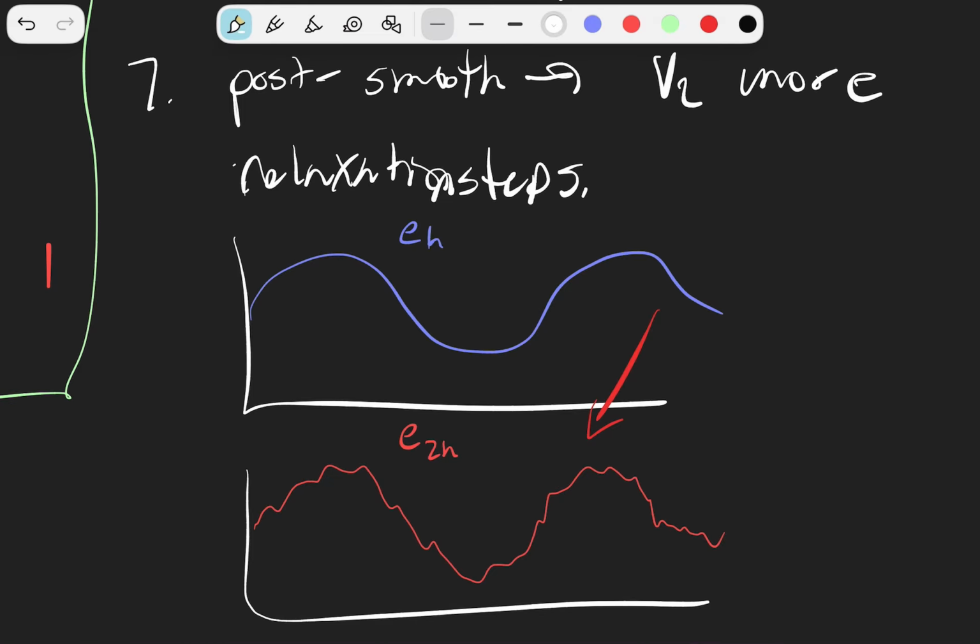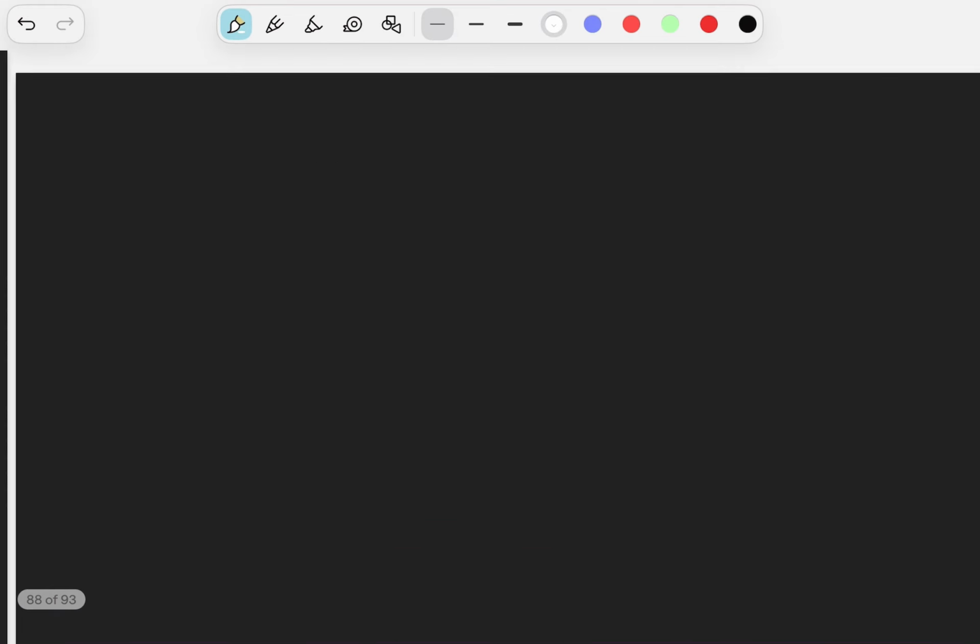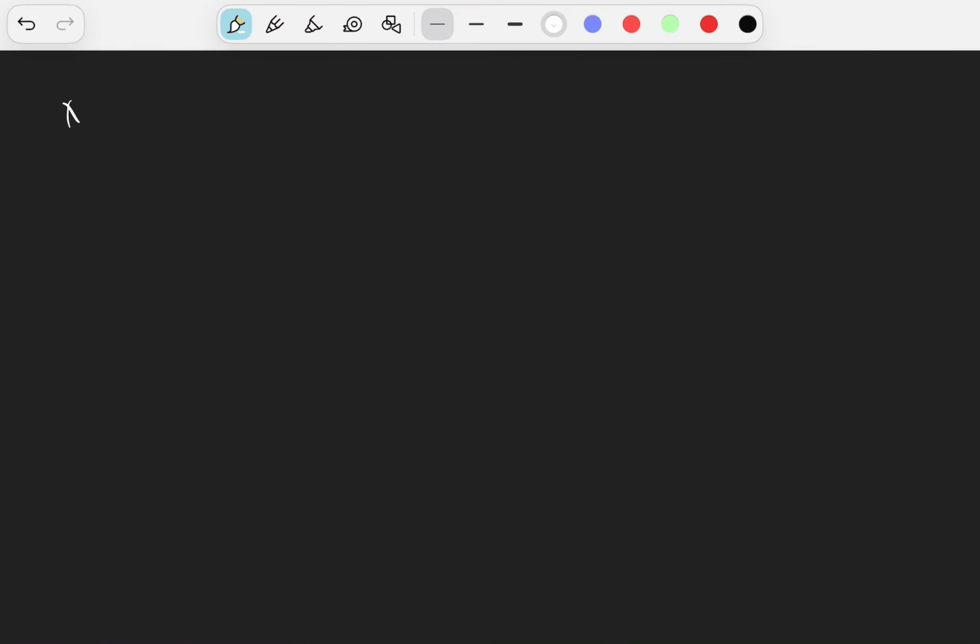So it's damping those high modes by a factor, so we'll say rho sub s is less than 1, and it's independent of how coarse the grid is. The smoothing property is independent of this, and we're damping the higher frequencies.